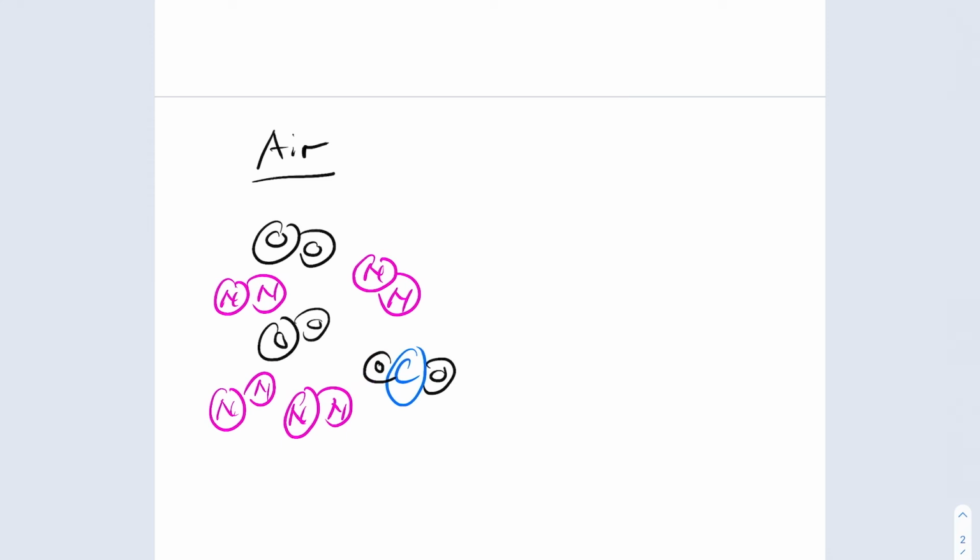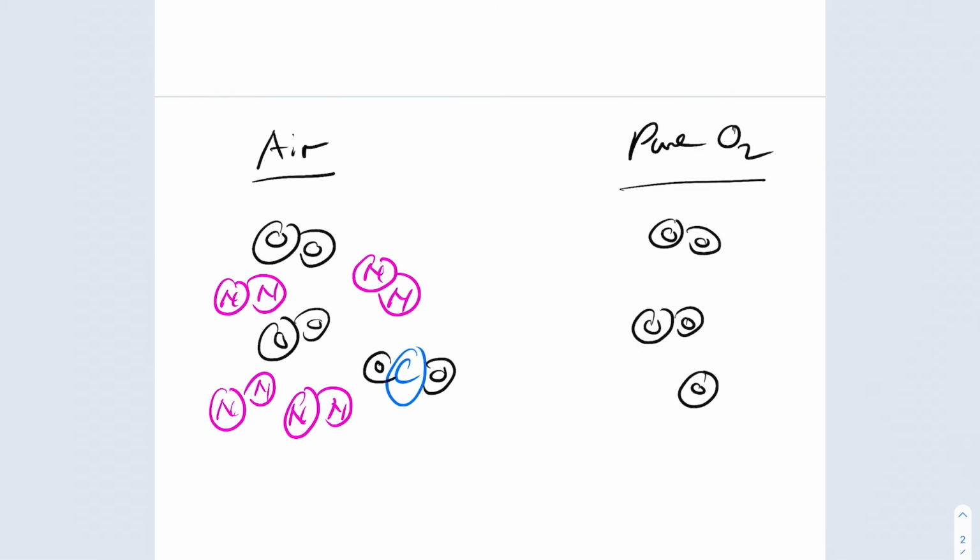and we've got molecules. That's what it's made of. Now if we looked at pure oxygen, we would only have one kind of particle. But those particles are still molecules. It's not a mixture anymore, it's an element.